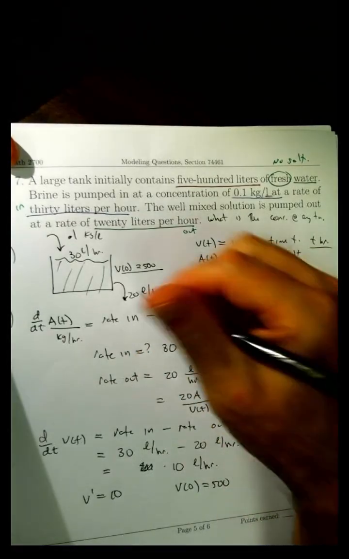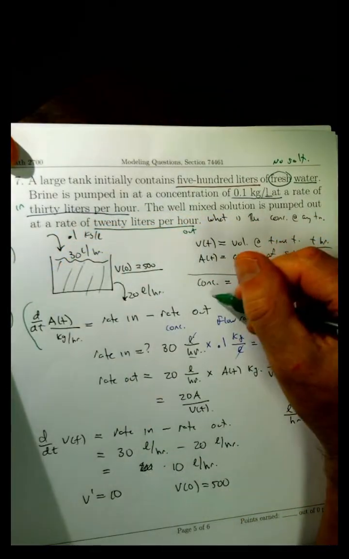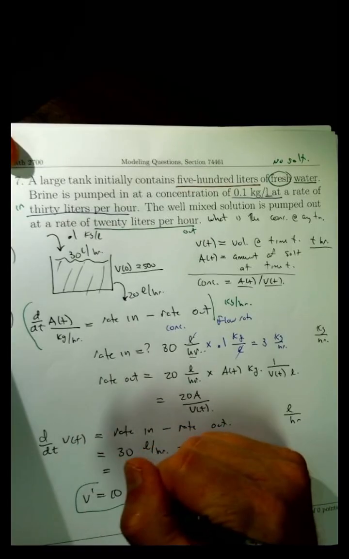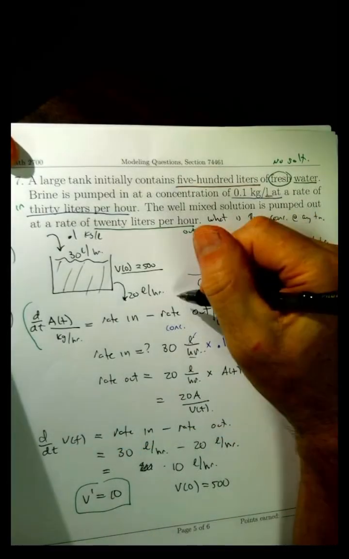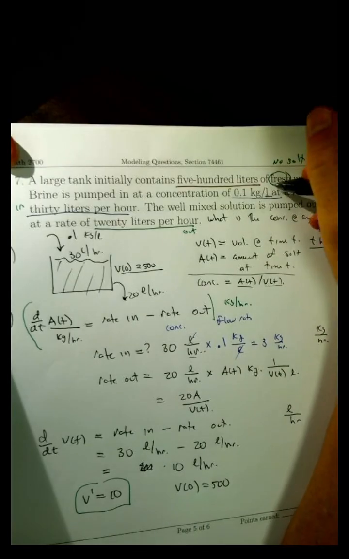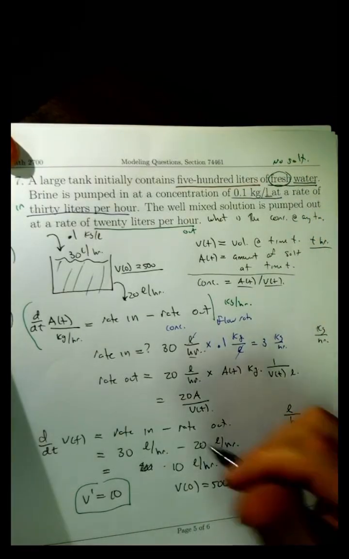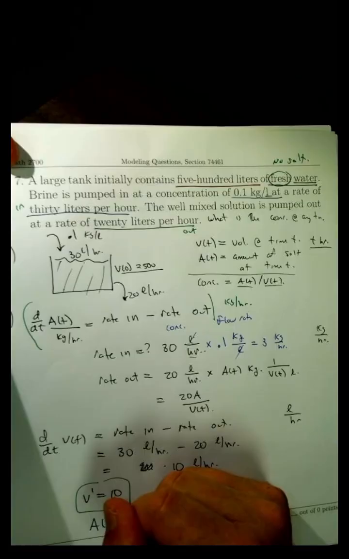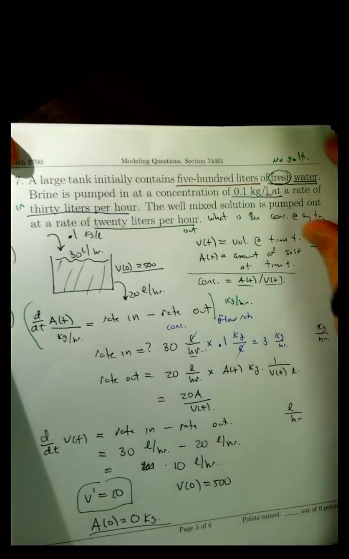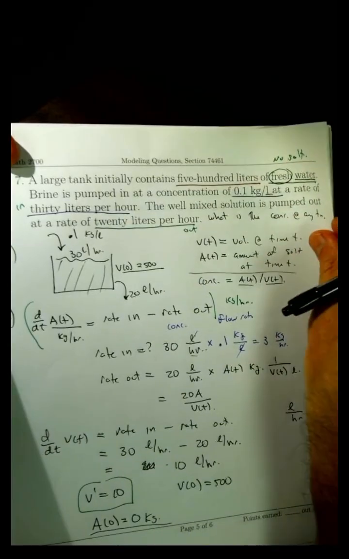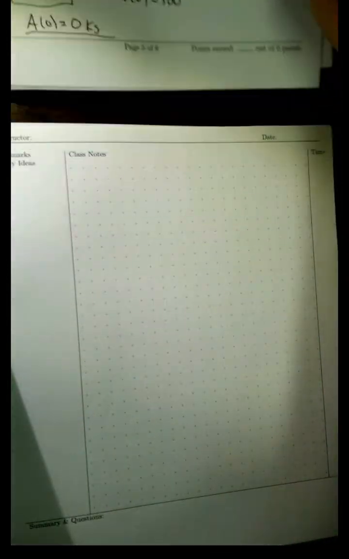So now I've got my differential equation here and my differential equation here, and I'm missing so far the initial condition for A. But because it's fresh water, I know that initially there is 0 kilograms of salt in the tank. All right, so what do we have?